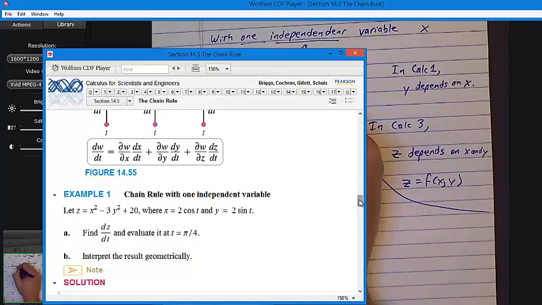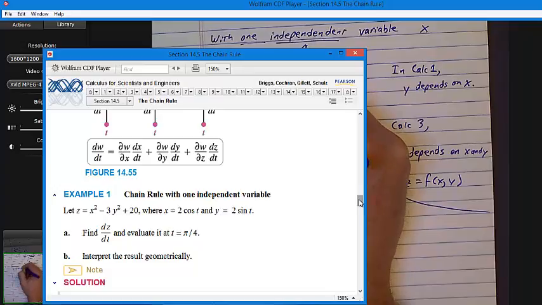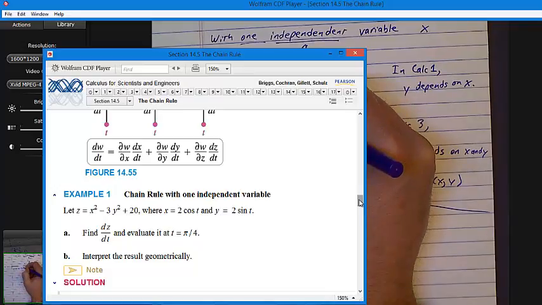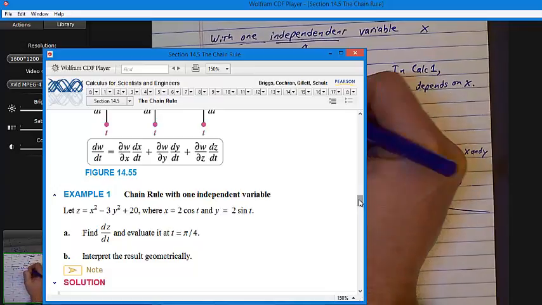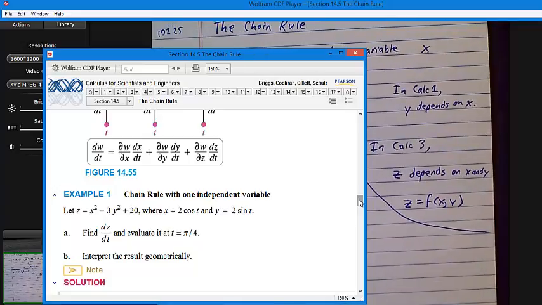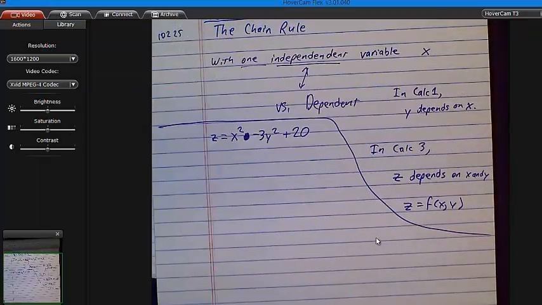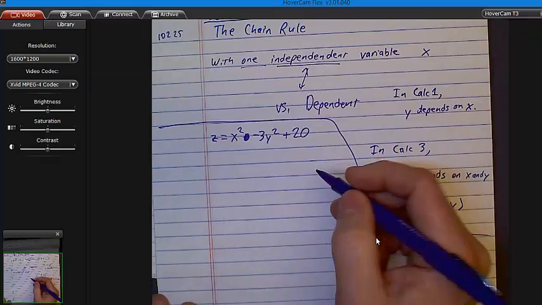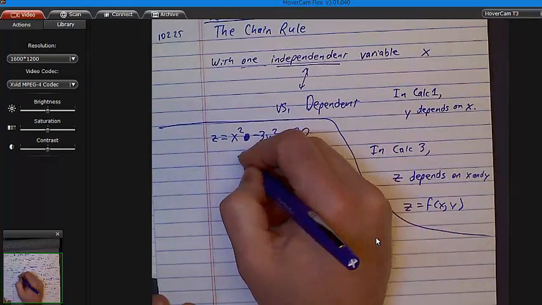z equals x squared minus 3y squared plus 20. And they tell me x equals 2 cosine t and y equals 2 sine t. Actually, this may make some sense to you.